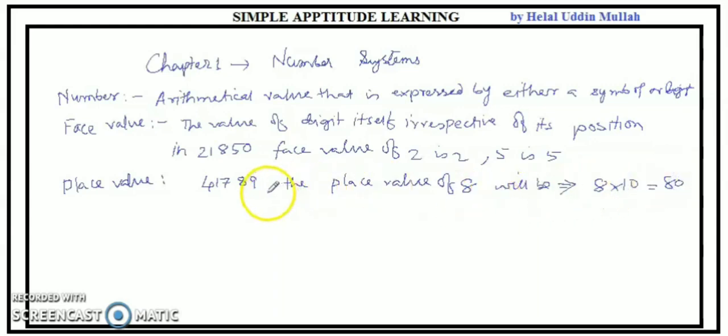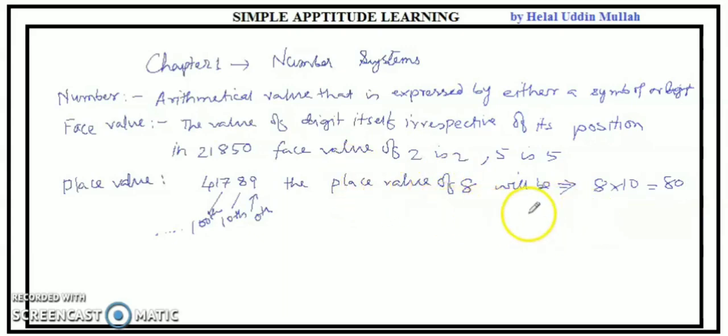That is, if we see, this is the 0th position, this is the 10s position, this is the 100s position, and so on. So the place value of 8 is 80.